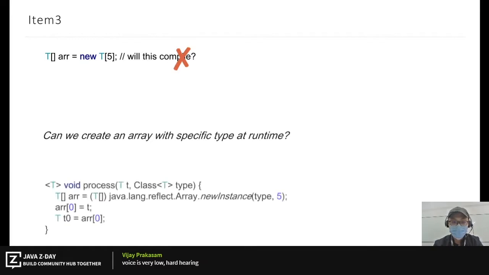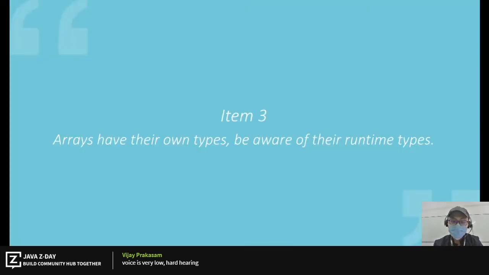Actually, we do. Java's Reflect API has provided us this way. We can create an array with a specific type. And here what I want to emphasize is the runtime type of arrays. Arrays have their own types, and beware of their runtime types.